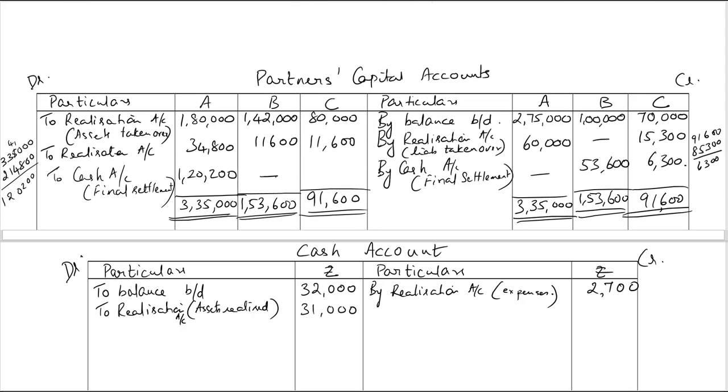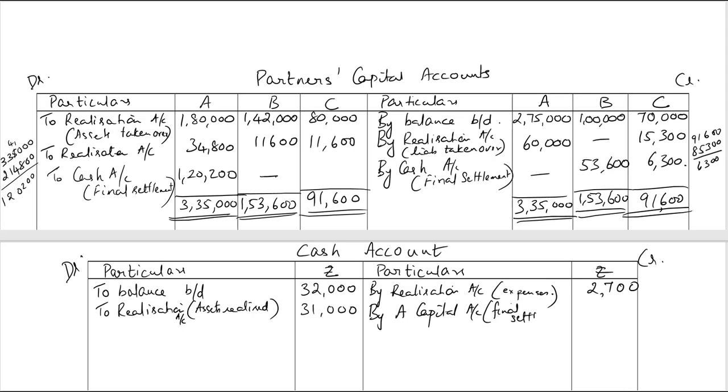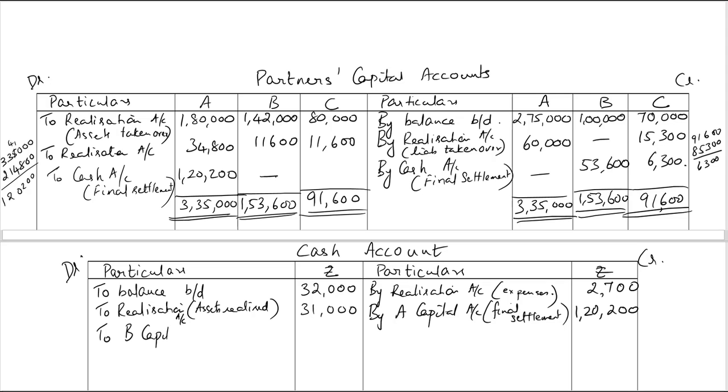Next, let's go to the partners' capital accounts to get the final settlement. The firm pays cash to partner A. So, by A's capital account for the final settlement, it's 1,20,200 rupees. Partner B and partner C need to bring in cash.